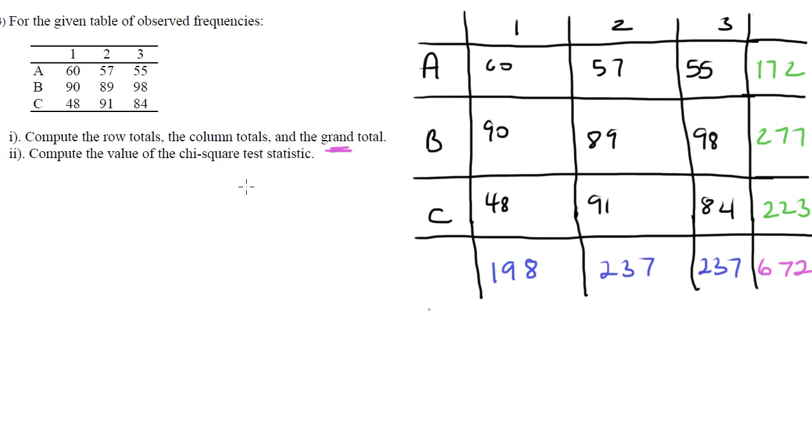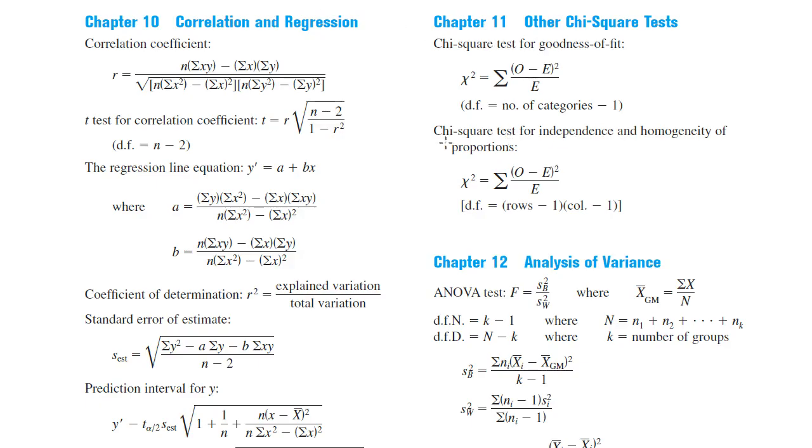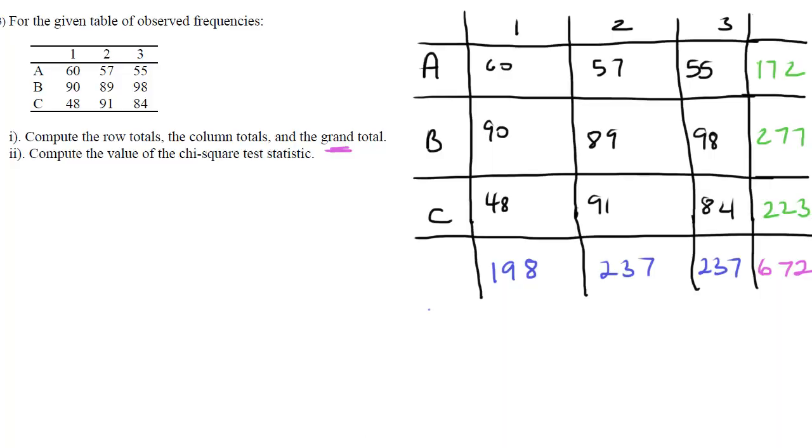Okay, so now compute the value of the chi-square test statistic. If I go to the table, the chi-squared test statistic, we know it, chi-squared equals the sum of the observed minus the expected squared over the expected, right? We know it, but let's write that.